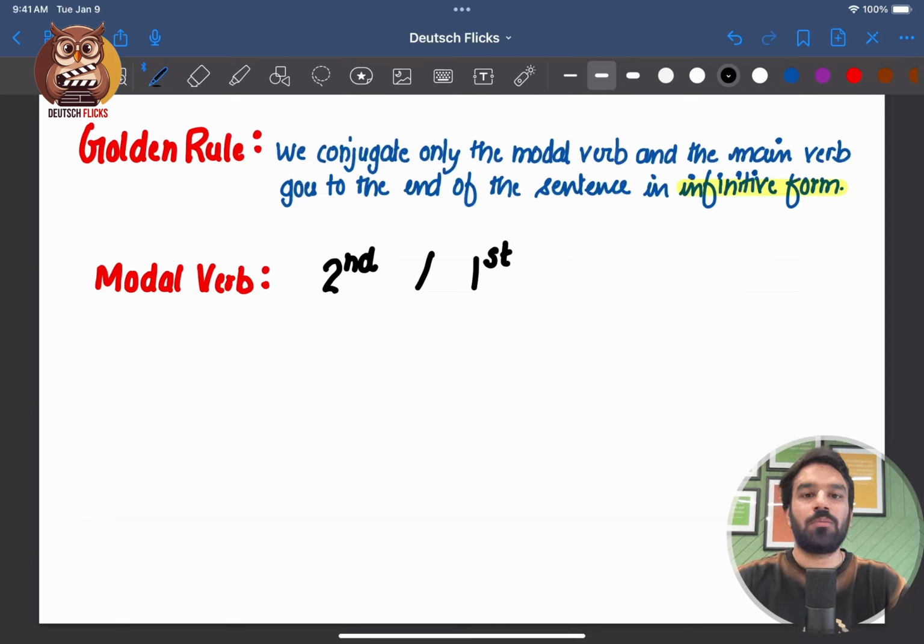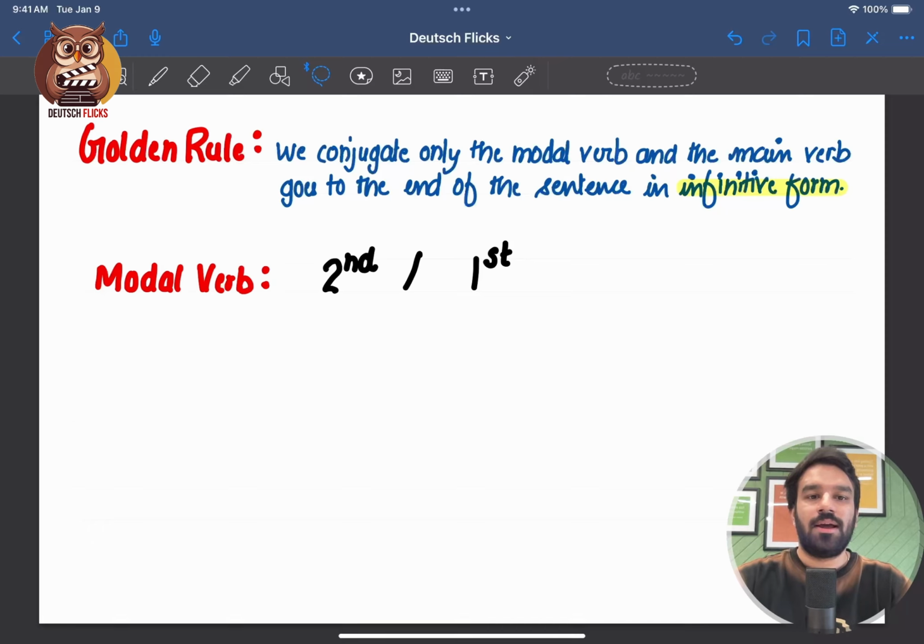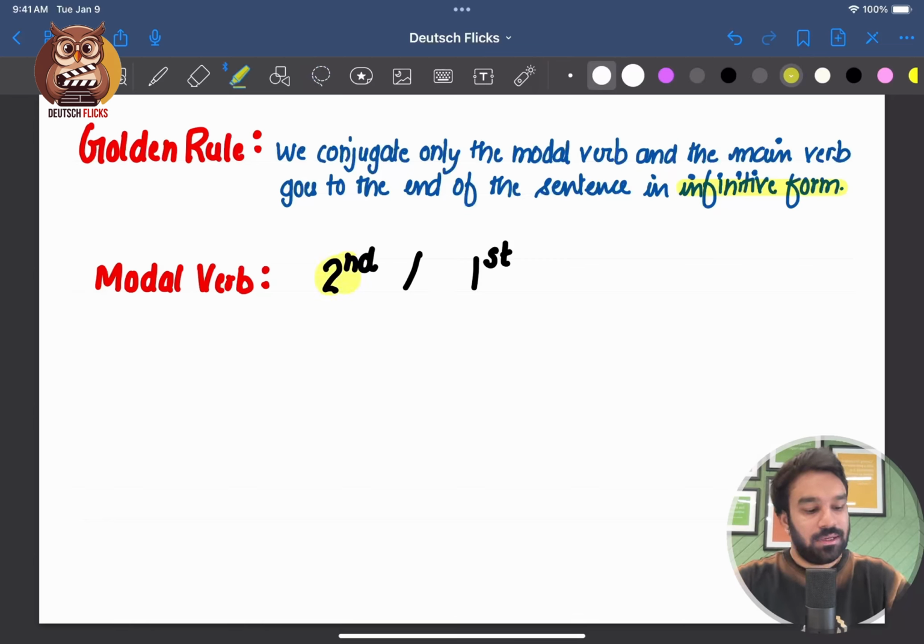Why are we having two positions for modal verb? Think about it. At the end of the day, modal verb is a helping verb, any normal verb, right? Now, if you take any verb in German, it takes two positions, second or first, depending on the type of sentence.